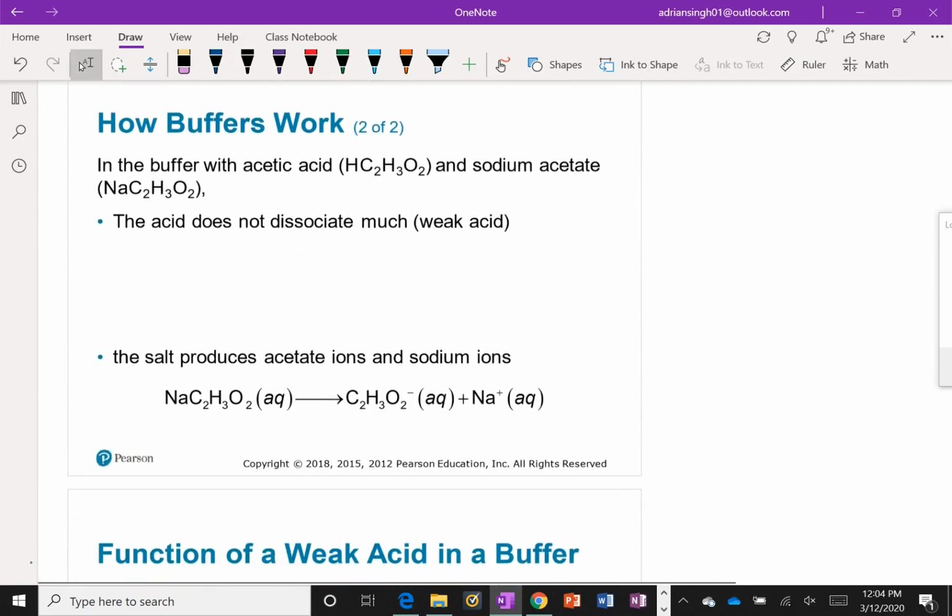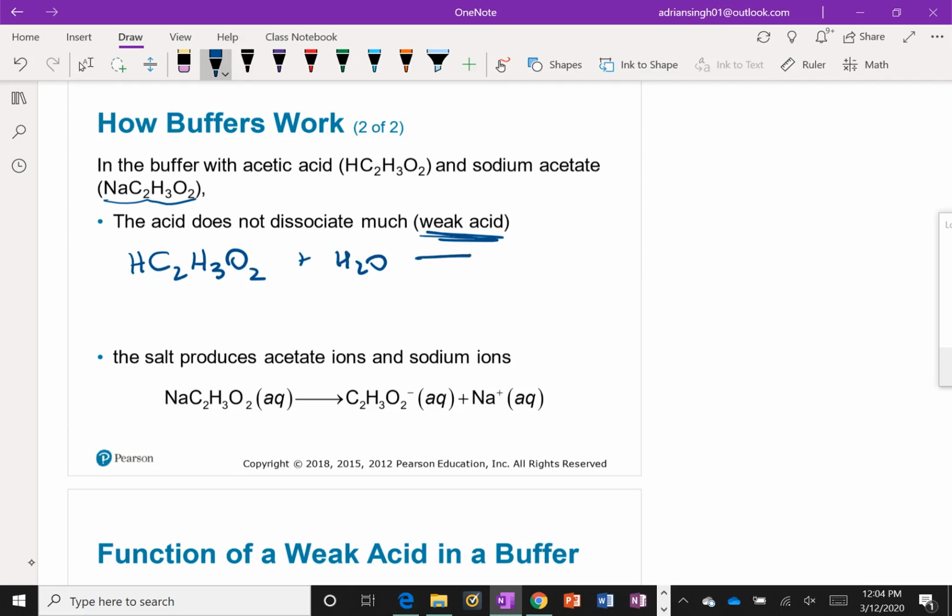So let's see how they actually work. So in the buffer with the acetic acid and the sodium acetate, we know now that acetic acid is a weak acid. All right, and that means that it's not going to dissociate much. So if we were to write the equation for what's happening to it in water, right, because it's weak, we're going to have our double-headed arrow, and that's going to give us H3O+, and then we're also going to get the conjugate base.